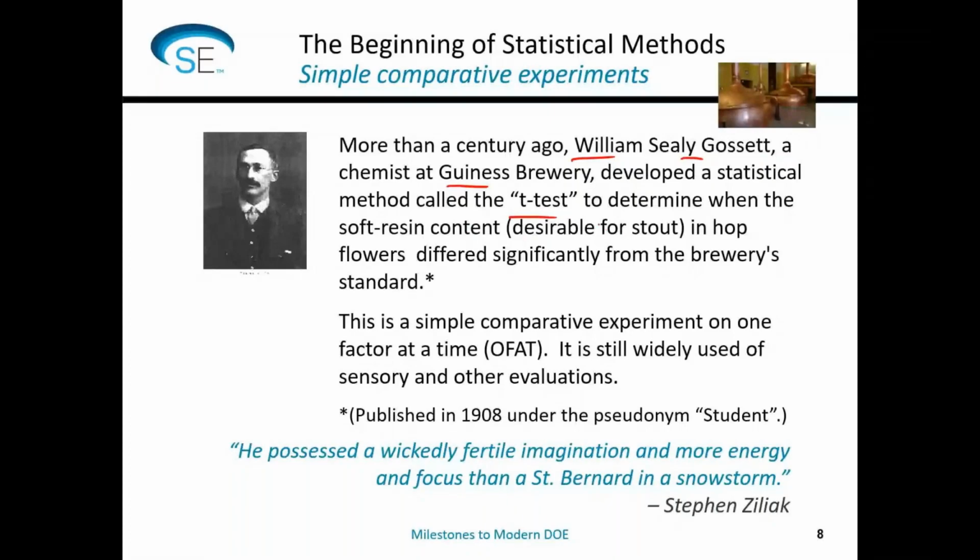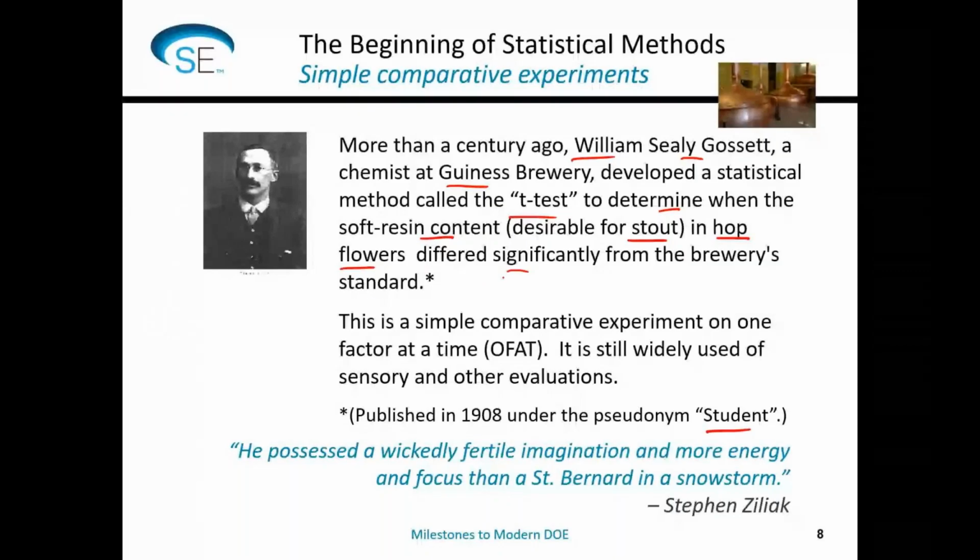But he was known by the pseudonym Student because he did this work to determine the soft resin content, which is desirable for stout, which is a type of beer, from the hop flowers they were buying from Oregon in the USA. It was really important to assay that soft resin content and make sure that it didn't differ significantly from the brewery standard.